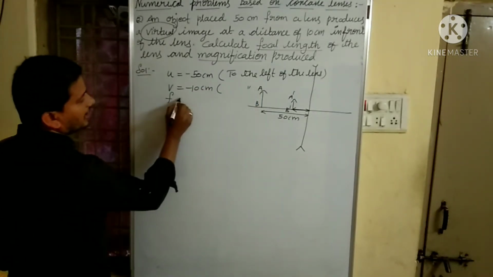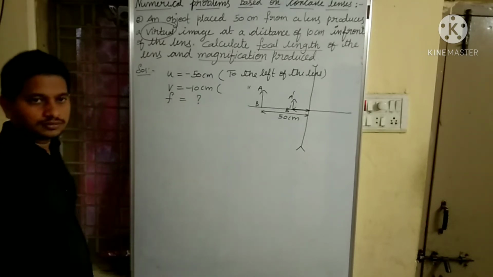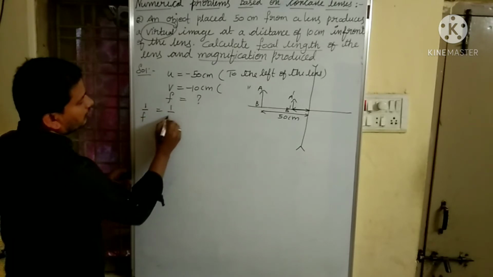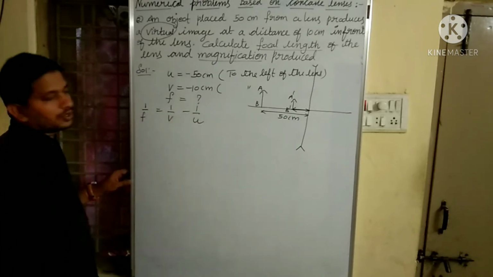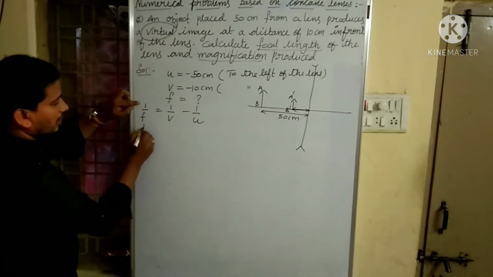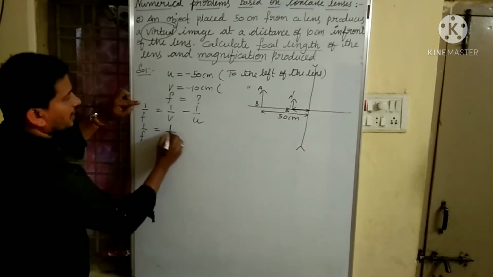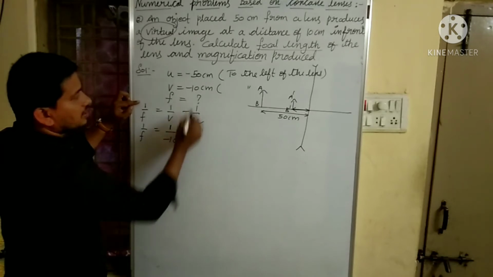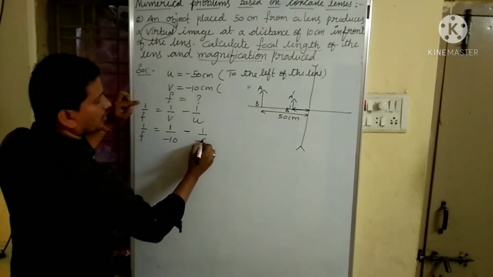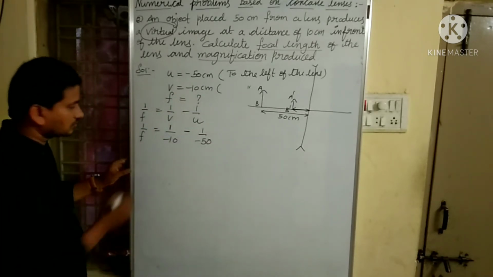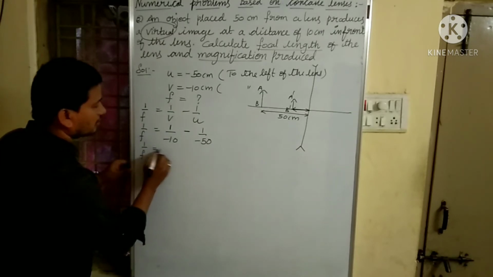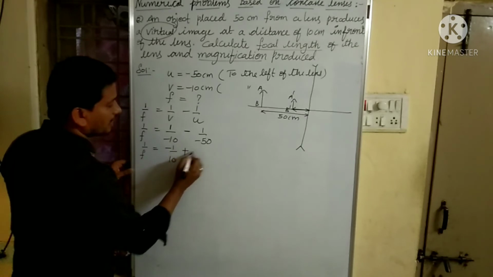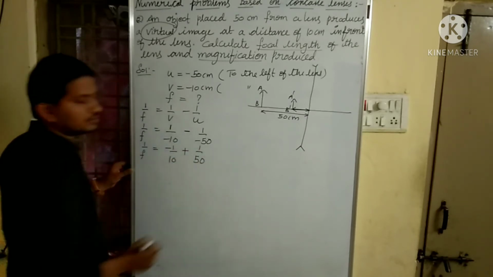We have to find out the focal length. We have the lens formula, 1 by f equals 1 by v minus 1 by u. So 1 by f equals 1 by v, which is minus 10, minus 1 by u, which is minus 50. So 1 by f equals minus 1 by 10, minus into minus plus 1 by 50.